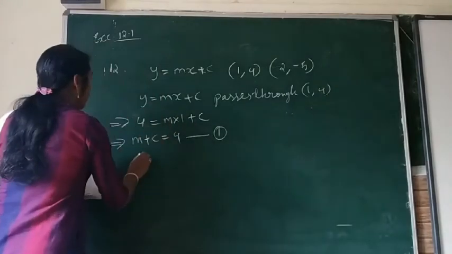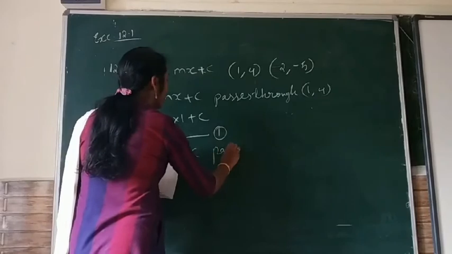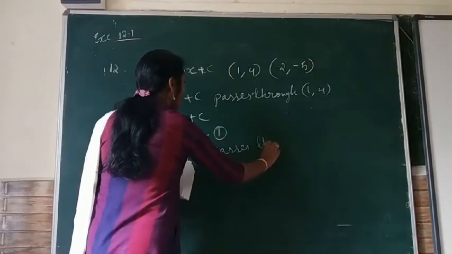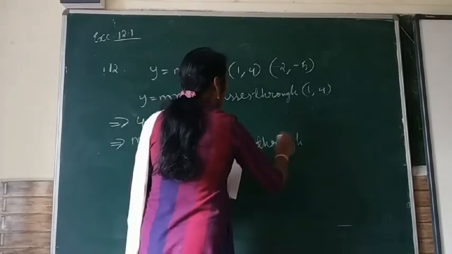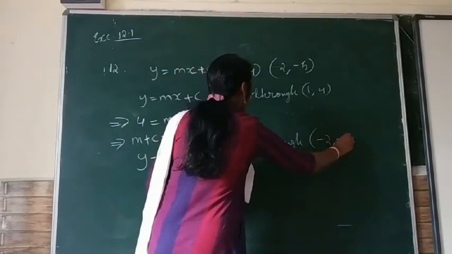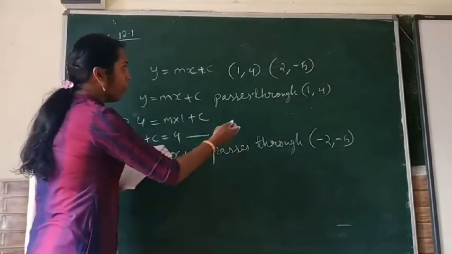Similarly, y is equal to mx plus c passes through minus 2, minus 5, implies we can also substitute the value of x and y here.